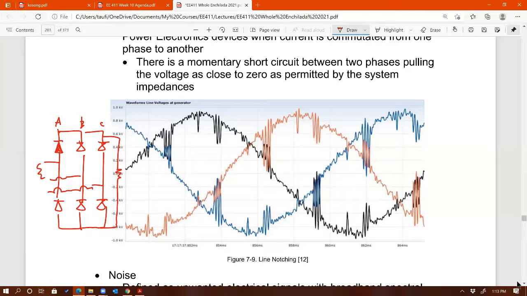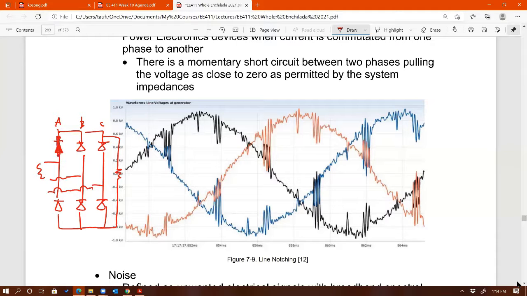Otherwise, you're going to have a short across the source. So it could happen that, for example, the top diode is supposed to be off and the bottom diode is supposed to be on. The top diode is turning off, but it's turning off slowly.